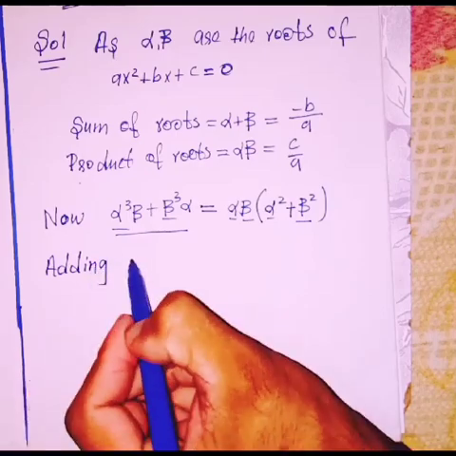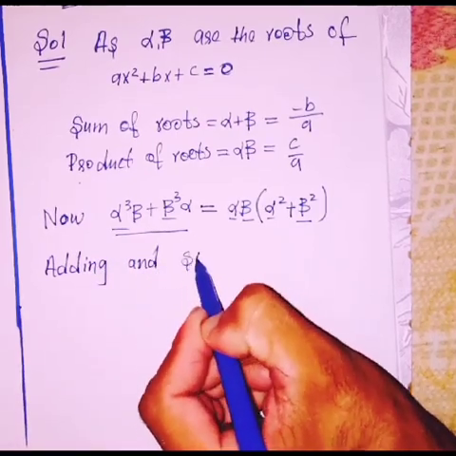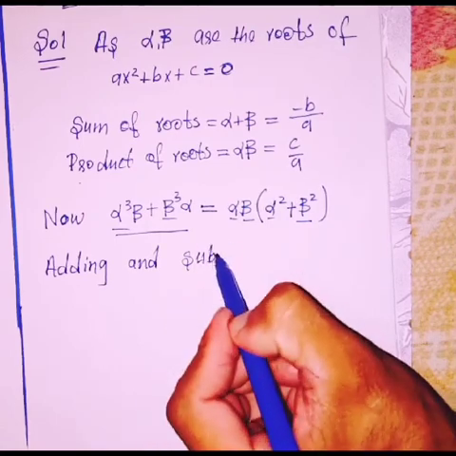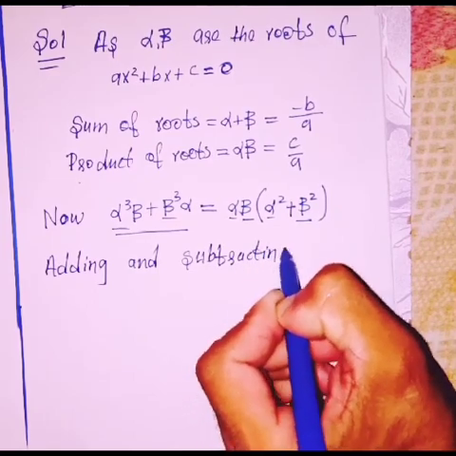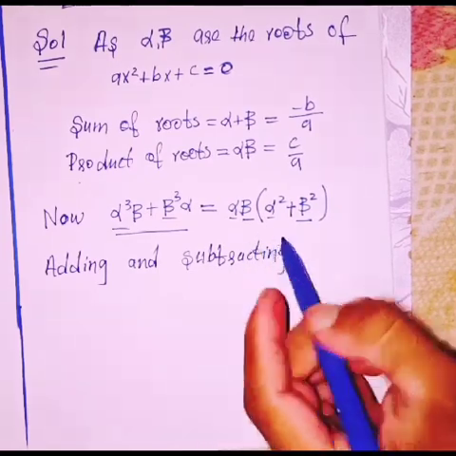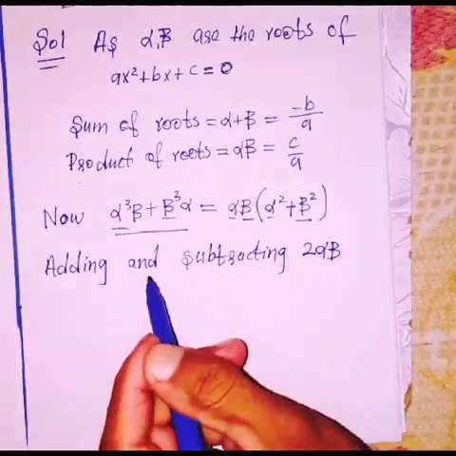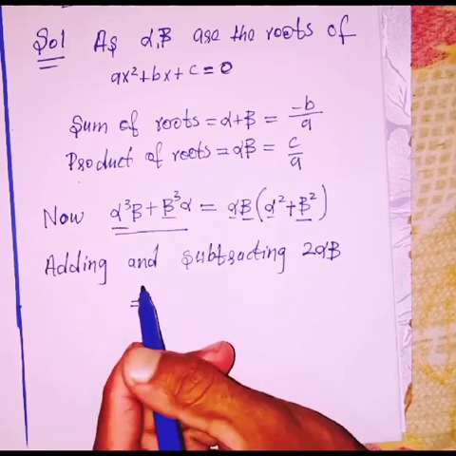Now we can add and subtract 2 alpha beta.